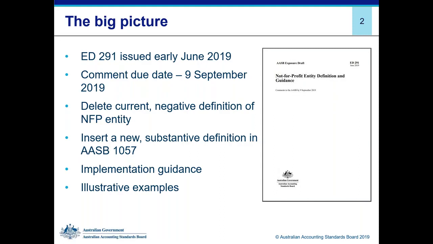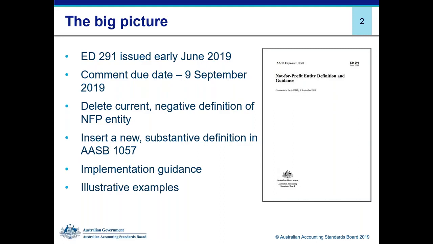The proposal in the ED, therefore, is to insert a new substantive definition into AASB 1057, which is the standard that addresses the application of Australian accounting standards. But not just the new definition, also to provide implementation guidance that would be included in an appendix to AASB 1057.